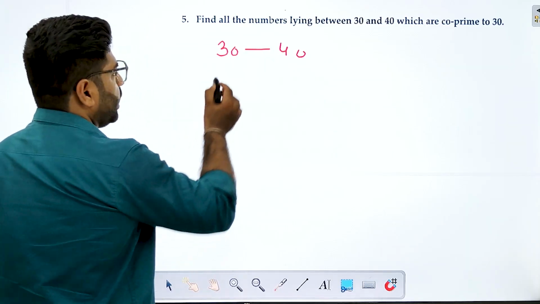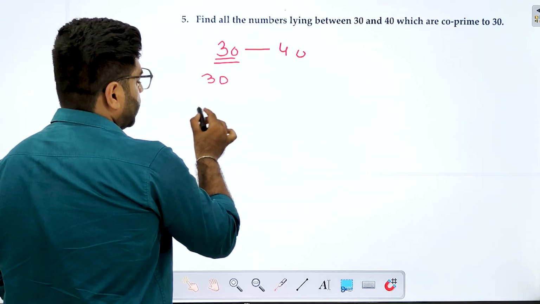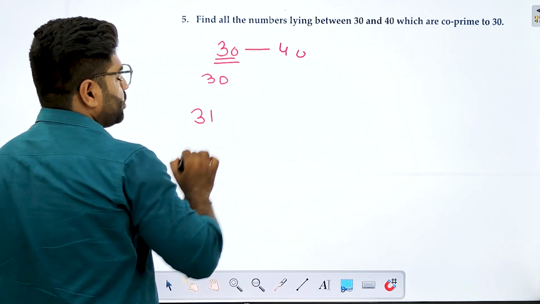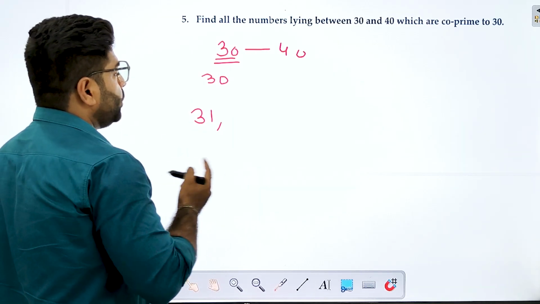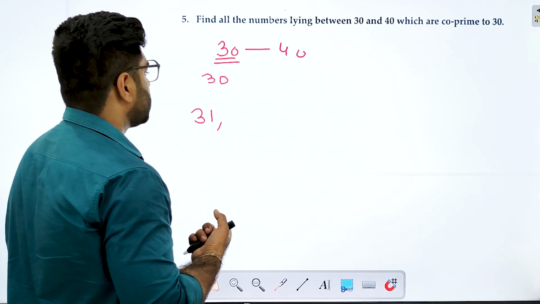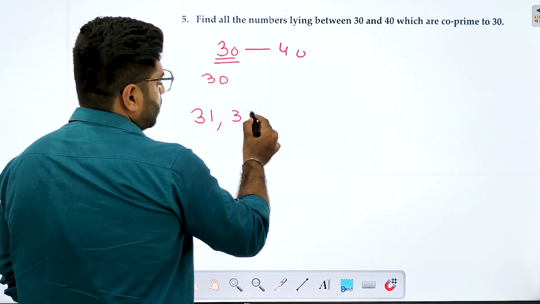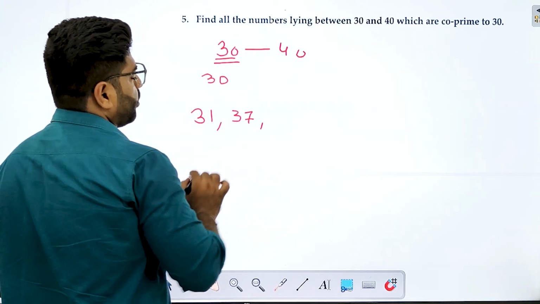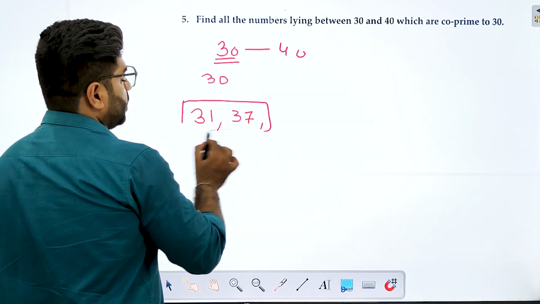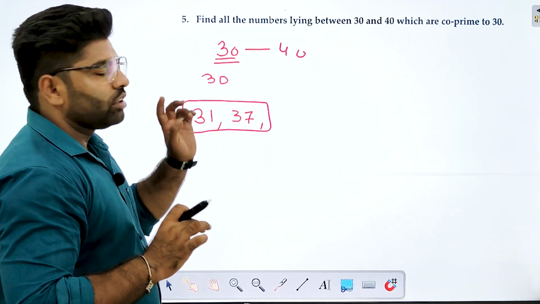Okay, so we highlight this number, that is 30, then 31. Okay, 31. These numbers don't have any common factor other than 1. 32, 33, 34, 35, 36, yes, and 37. Then 38, 39. Okay, only these two numbers are there which are co-primes with 30.